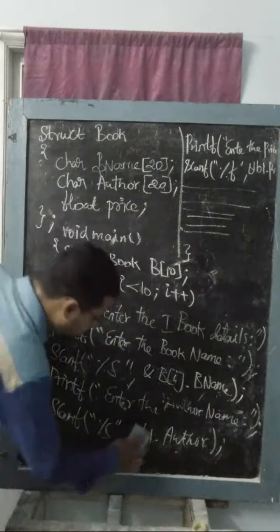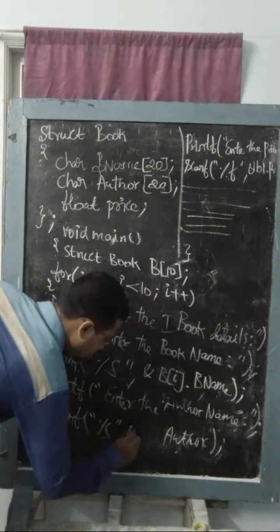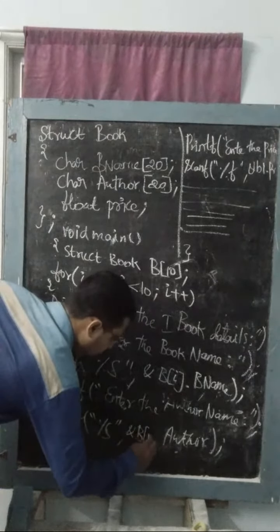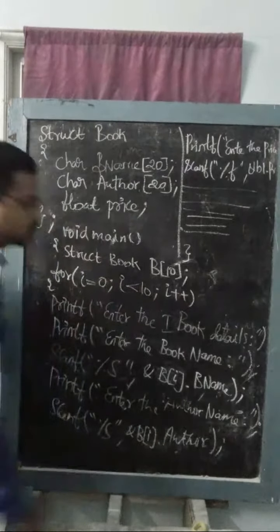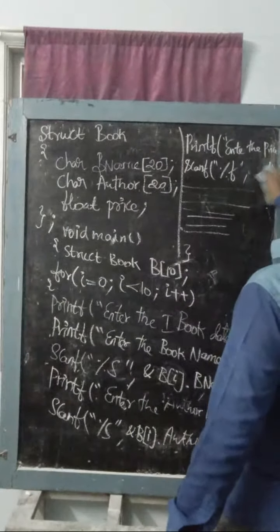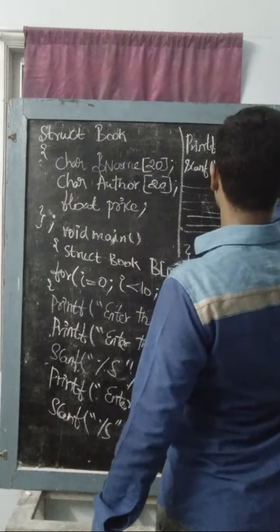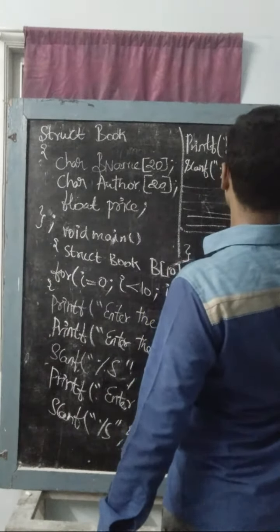The same thing we have to give here, that is address of B of I author. The same thing we need to give here, that is B of I dot price.